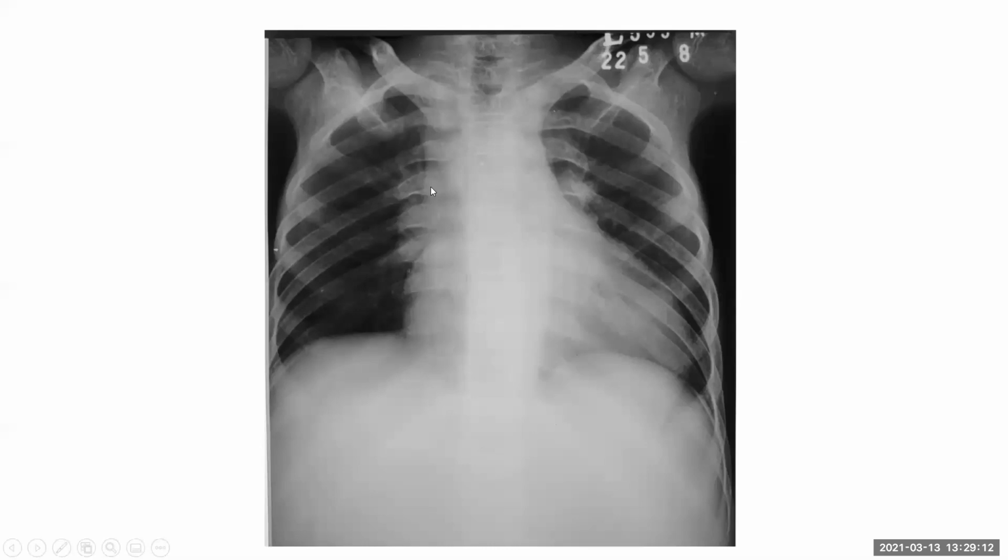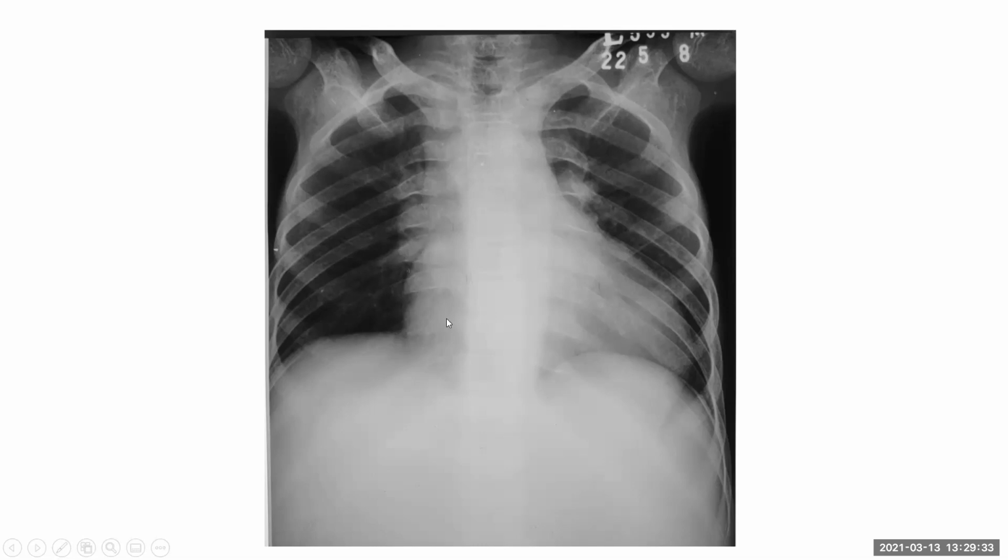There is some paratracheal or paravertebral stripe there. The ribs are expanded posteriorly. You should have picked up this. Our teachers told us that normally one third of the heart should be towards the right of the spine and the rest, two thirds, towards the left.